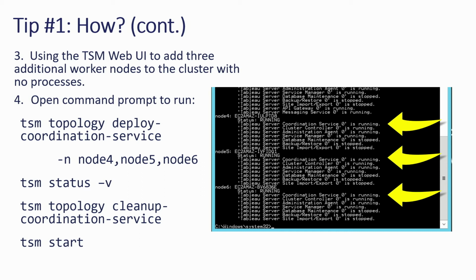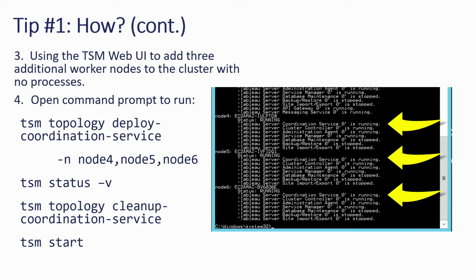Oh, and I should mention in the middle here, that command there to deploy coordination service does not happen in a finger snap. You might as well figure on going out and getting a little coffee for yourself. But when you come back, you can try running this TSM status -v, and you may see it giving you an error response. That just means you need more coffee, right?